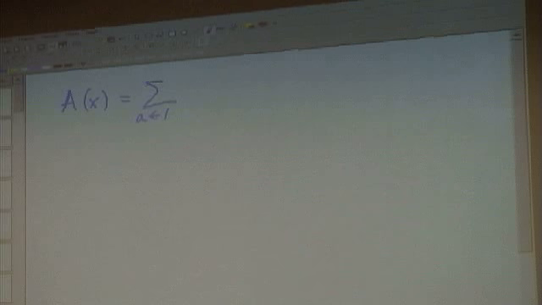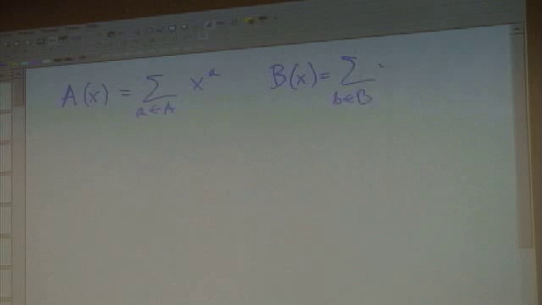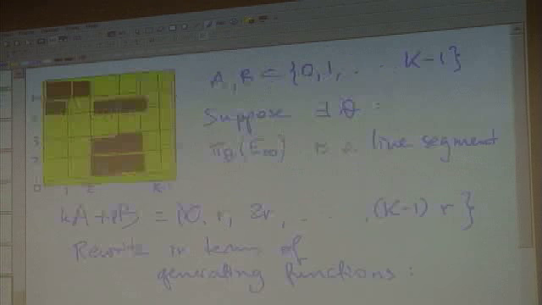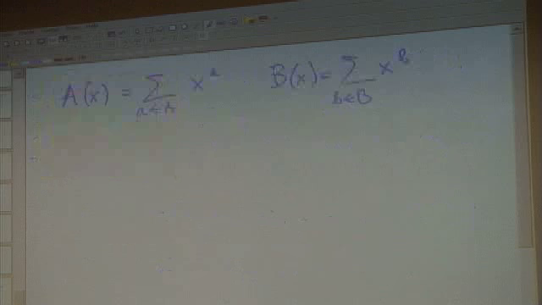A generating function of A is going to be the polynomial A of x equal to the sum over a in A of x to the a, and likewise for B. And then the tiling condition from the last screen can be rewritten as follows.